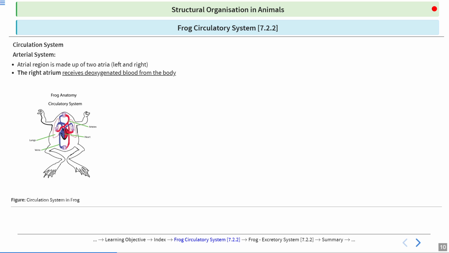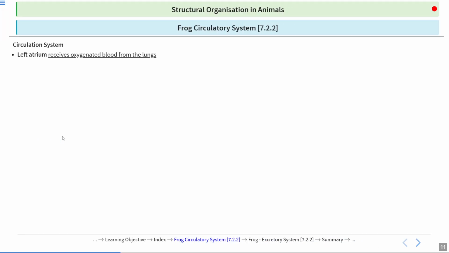Here you can see the circulatory system in the case of the frog. This is the heart, and you can see this part is deoxygenated and this part is comparatively oxygenated. The left atrium receives oxygenated blood from the lungs, because from the lungs the blood gets purified. Once purified, it is brought back to the atrium through the pulmonary vein.